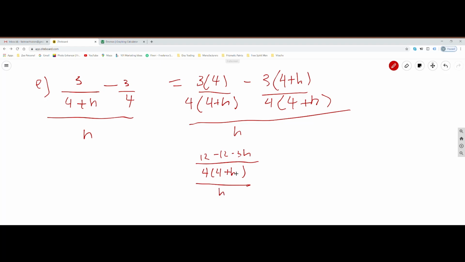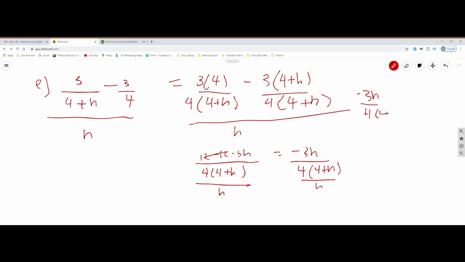So this reduces down so we can cancel the 12. So you're left with negative 3h over 4 plus h over h.